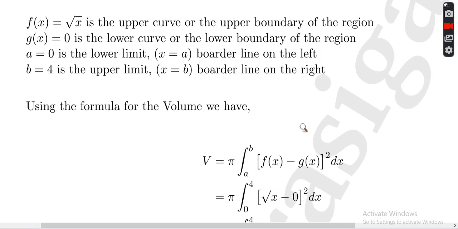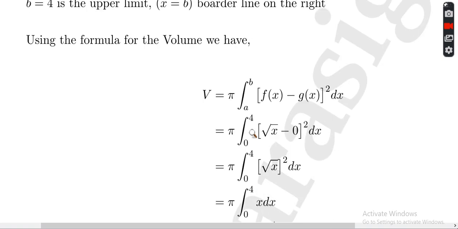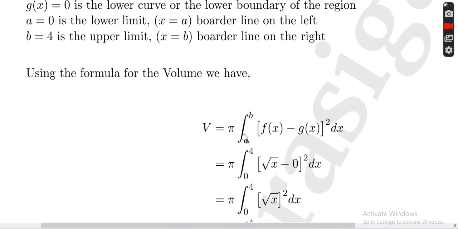So, again, the formula ng volume is equal to pi times the integral of f of x minus g of x quantity squared dx evaluated from a to b. Yung pi ay kokopyahin lang all throughout hanggang dun sa final answer. And then, yung ating f of x is square root of x, your g of x is 0, and that must be squared.